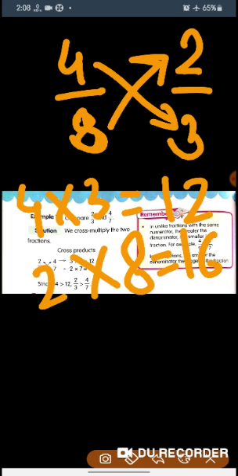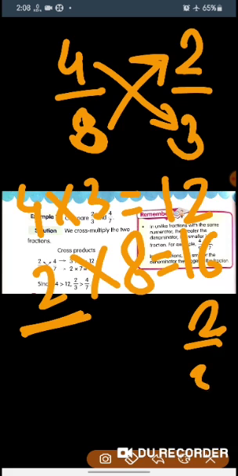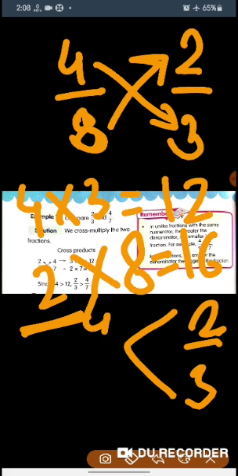So 16 is greater, and 2 is the numerator in the second one, so 2 by 3 is greater than 4 by 8. Okay, clear? 2 by 3 is greater than 4 by 8. This is the way to solve. I hope you have learned. Thank you.